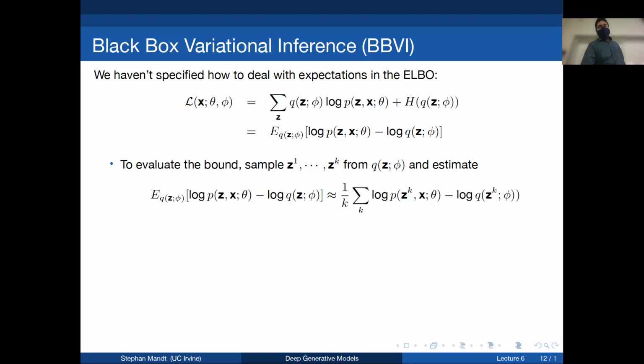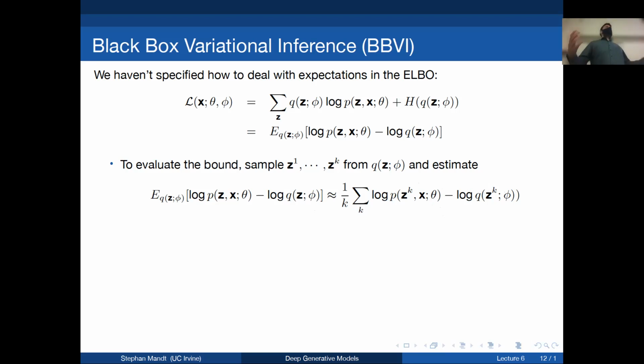As in other Monte Carlo techniques, we evaluate the argument of the expectation over these samples z_k and build the empirical average: evaluating log p, the joint distribution, minus log q of z_k, summing over all k, and dividing by capital K, the number of samples.